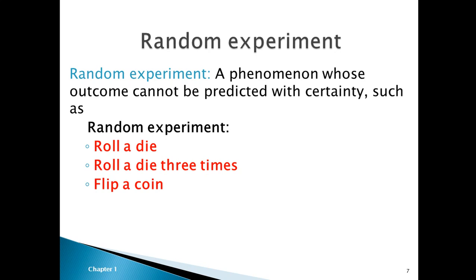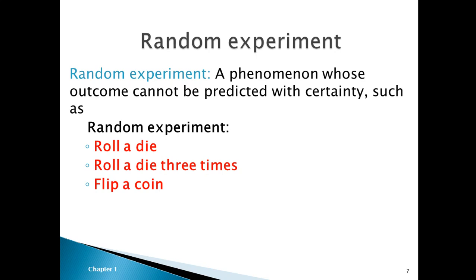Our goal is to assign probability to a certain event. For example, suppose that we would like to know the probability that the outcome of rolling a fair die is an even number. In this case, our event is the set E = {2, 4, 6}. If the result of our random experiment belongs to the set E, we say that the event E has occurred.